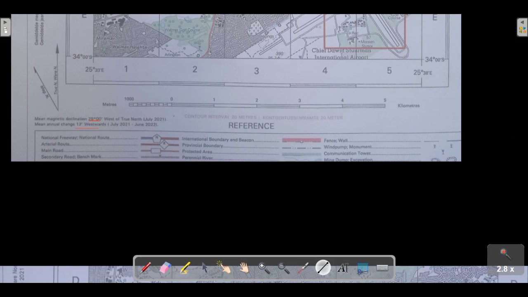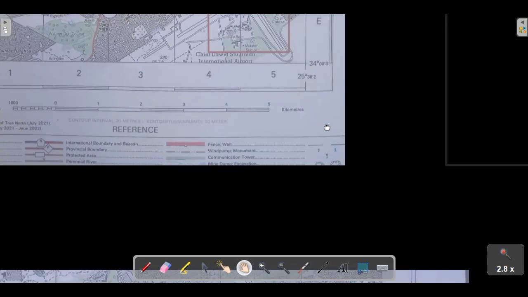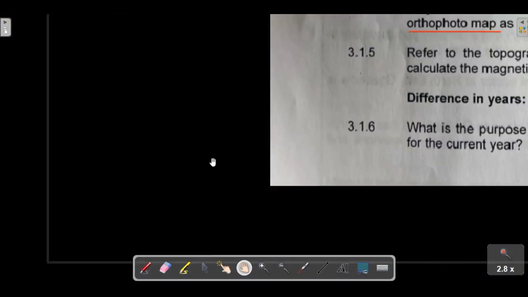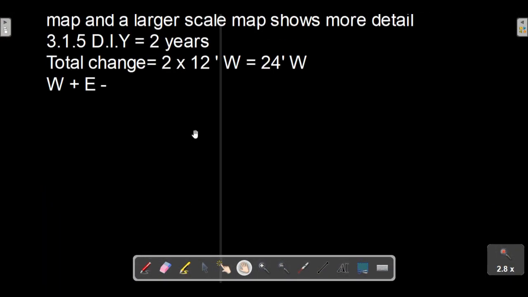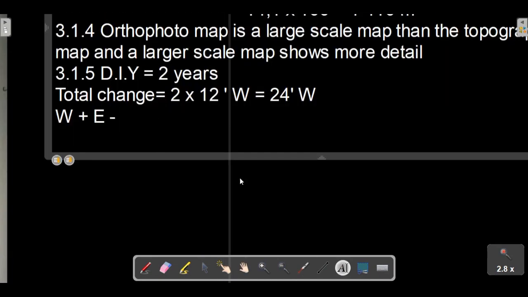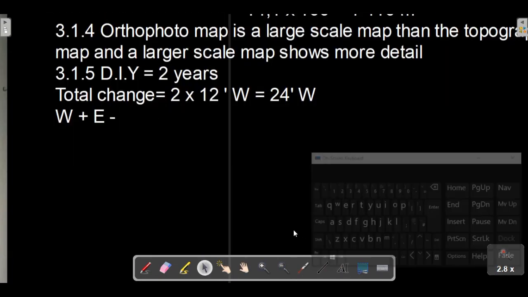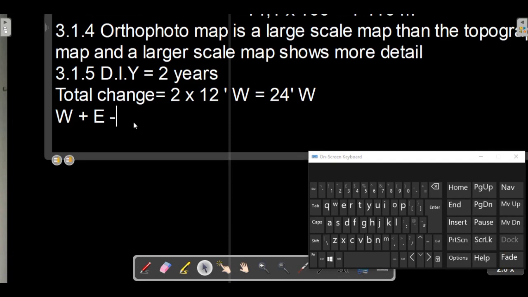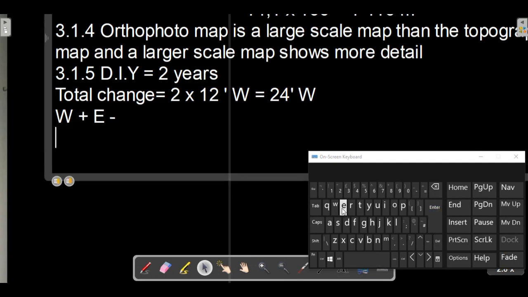In this case, 2021, it's 29 degrees west. So it's 29 degrees 0 minutes. There's not a lot of calculation here, so this is not very challenging.